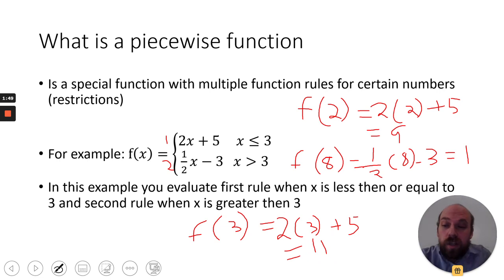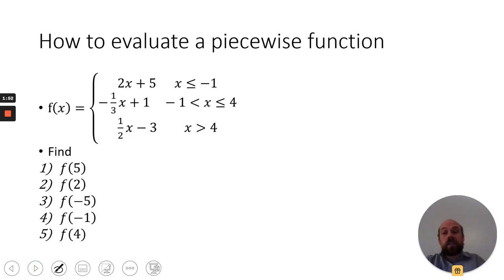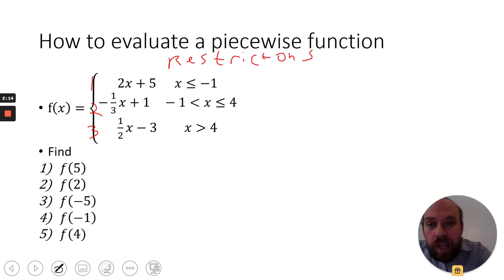Let's practice evaluating one. Now in this case, they give us 3 rules. And I advise you before you're doing anything, make sure you understand the restrictions for each of the rules. When you have a piecewise function, there are always restrictions on when you can use which rule. The first rule, the restriction is x is less than or equal to negative 1.